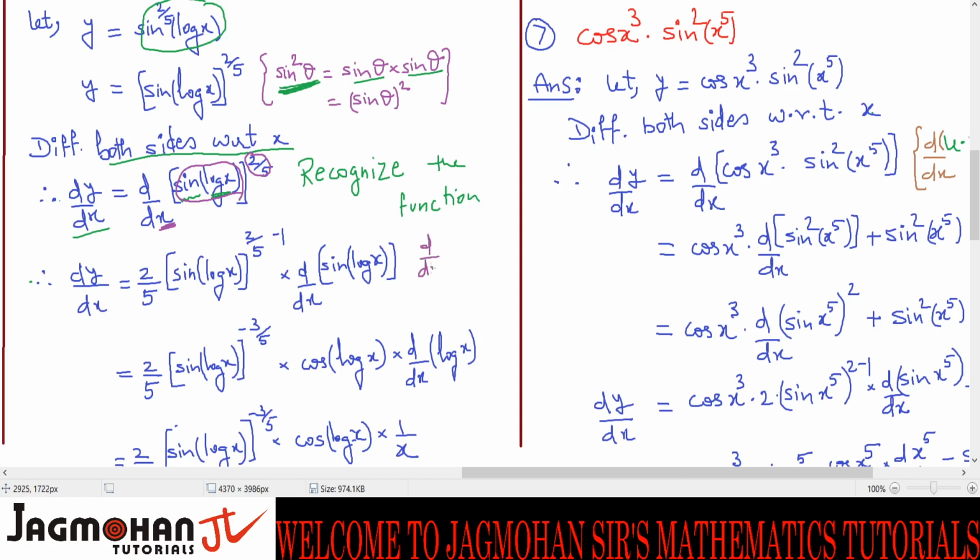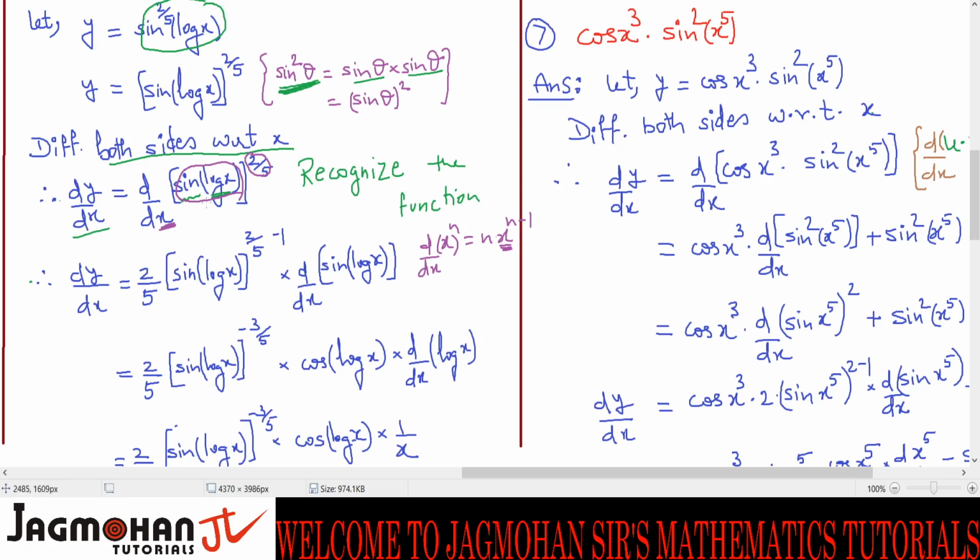But do we have x here? No, it is f of x. So its derivative will be d by dx of f of x raised to n, which will be n into f of x raised to n minus 1 into d by dx of f of x as usual.